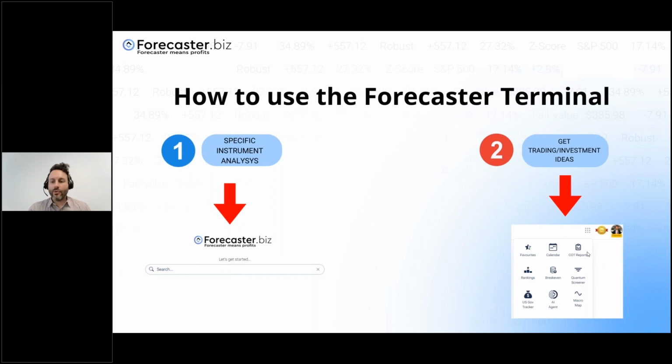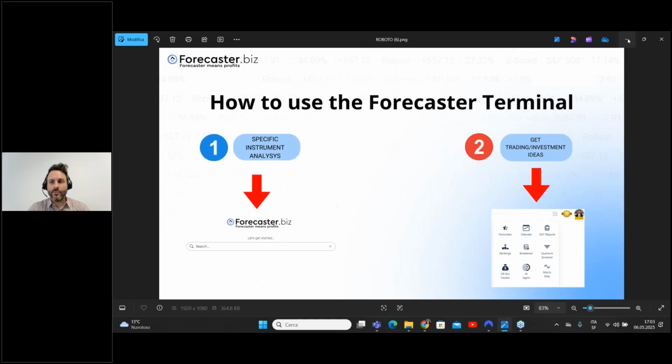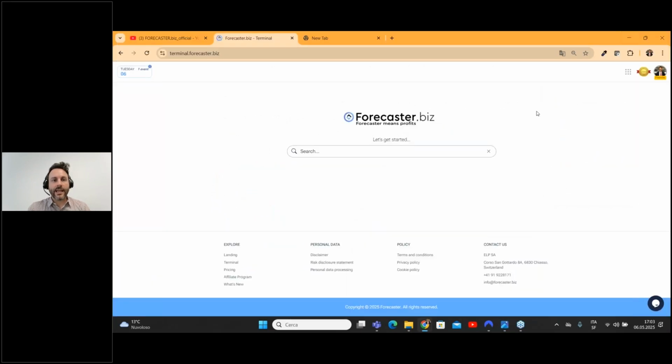Or if you're looking for investment or trading ideas, you can go through the tools you have available in the software. Okay, so you have these two separate ways to use the Forecaster Terminal, and of course it depends on what you have to do. So let's go to the Forecaster Terminal.